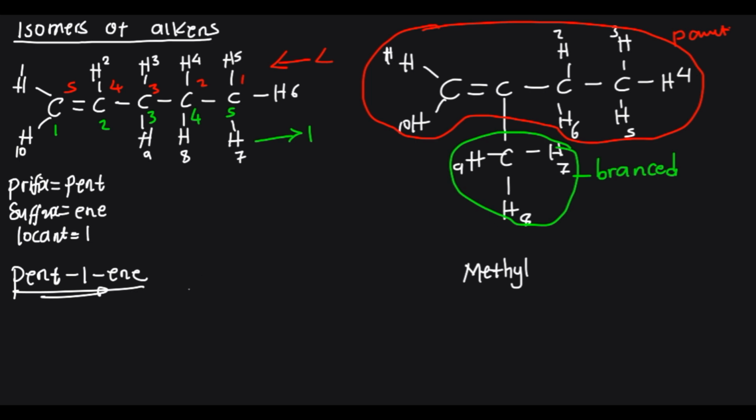Now, here we need to look at the location. We are going to look at two locations. The first location is the location of the branch. Then we'll look at the location of the double bond. So let's look at the location of the branch.